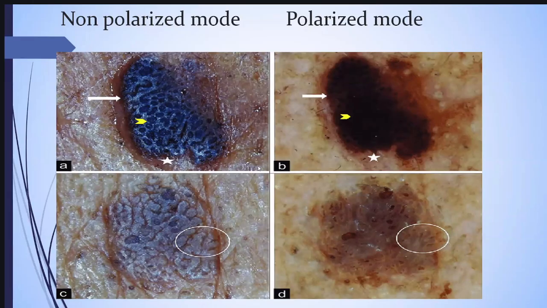So you can see the difference here, non-polarized versus polarized. In non-polarized, the superficial epidermal structures are seen clearly, they are magnified a lot. Whereas in polarized, you see the deeper structures, how deep the pigment is, or whether there are any vascular changes beneath. Those things are seen in the polarized setting.